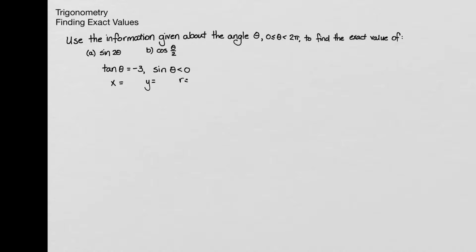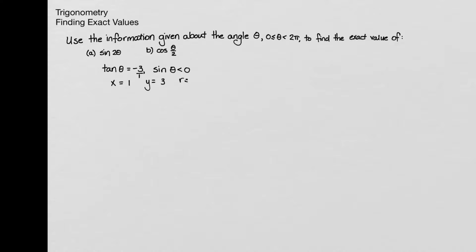Well, we have a -3, and that's the same thing as -3 over 1. So I'm going to put a 1 for x and a 3 for y. Now the question is, is it a -1 and a +3, or a +1 and a -3? And you don't know until you look at the sine theta information.